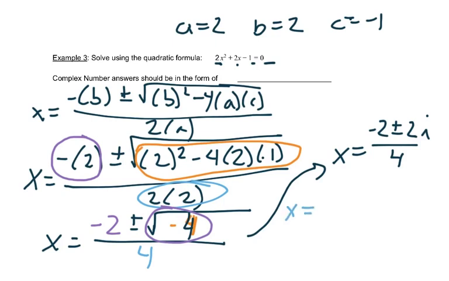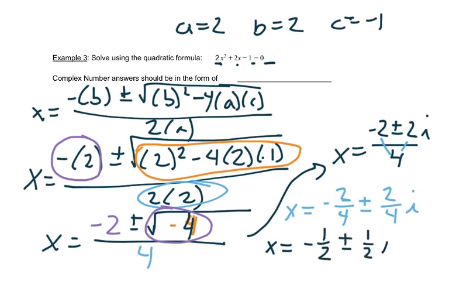The right format would be that we take each one of these numbers and we divide by 4. So we have negative 2 over 4 plus or minus 2 over 4i. We'd want to reduce that. 2 over 4 is the same as 1 over 2, so we'd have x equals negative 1 over 2 plus or minus 1 over 2i.